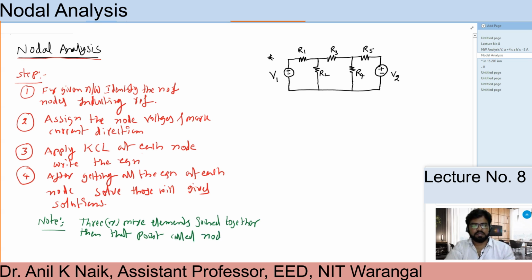That is the point you need to remember in order to identify how many nodes we have, including the reference node.